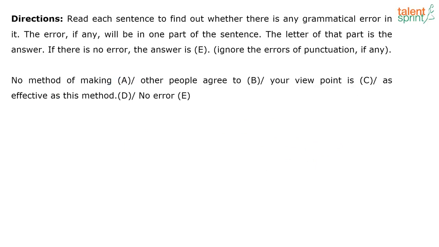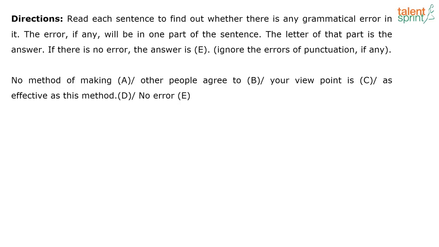Let's look at this one. No method of making other people agree to your viewpoint is as effective as this method. Where do you think the error is? I'm going to give you a clue for this one, okay? Remember, when there is not much clarity, there's comparison happening, right?